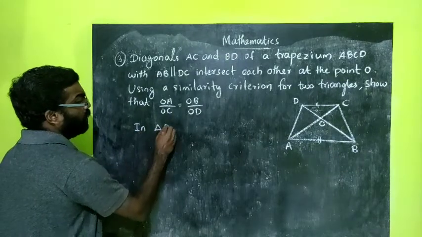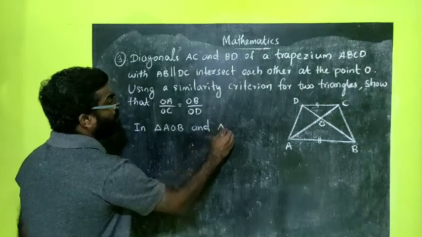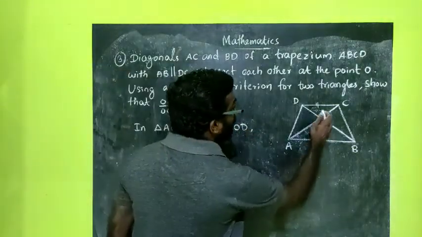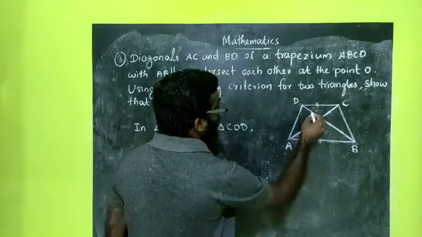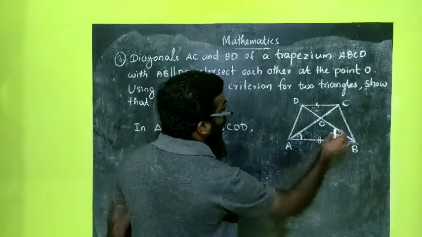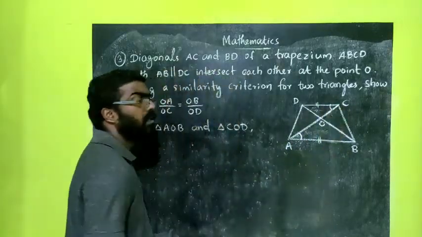In triangle AOB and triangle COD, since AB is parallel to CD, we can say angle OAB, this one, will be equal to angle OCD, alternate angle.